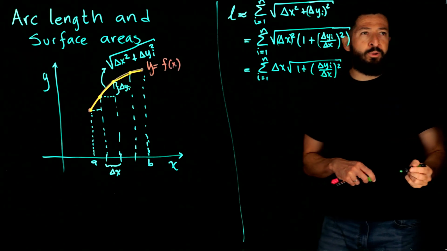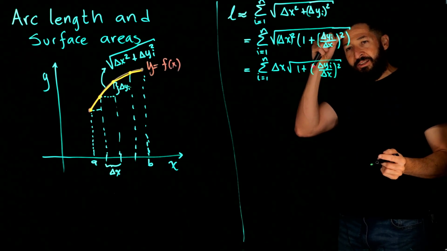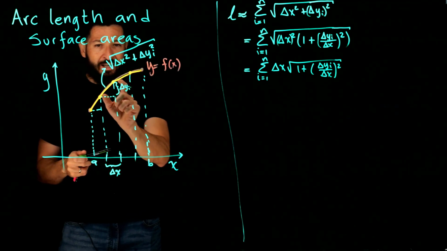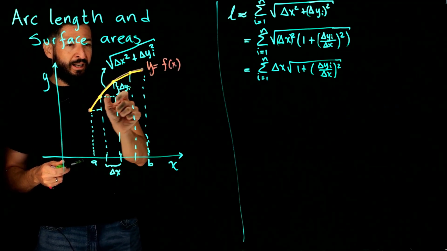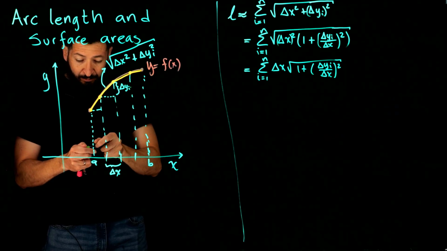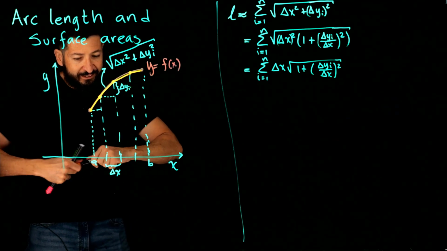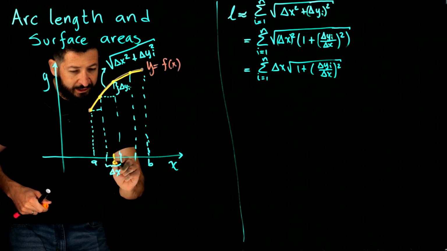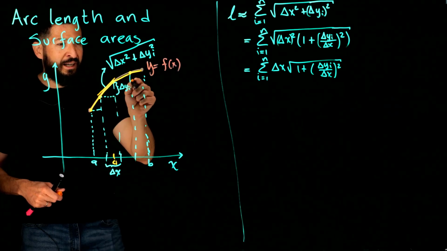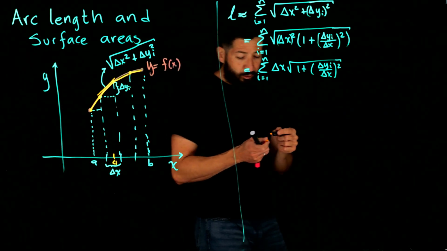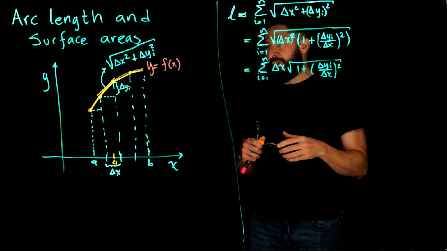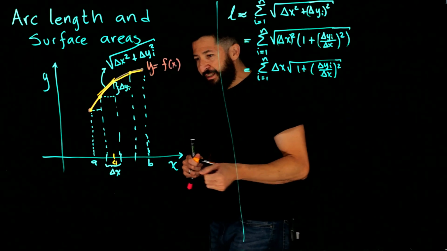And here's a moment when we actually use the mean value theorem. Remember that whenever you have delta yi over delta x, that's just the slope of the secant line. And what the mean value theorem says is that there exists a ci somewhere in between here, where the derivative is the same as that slope, meaning the tangent line has the same slope at that point as the secant line.